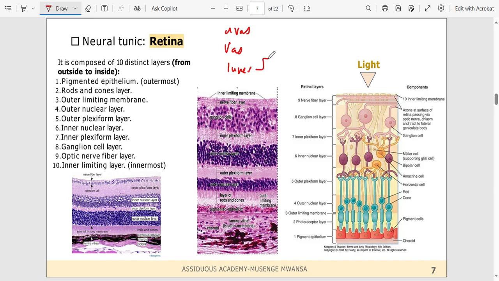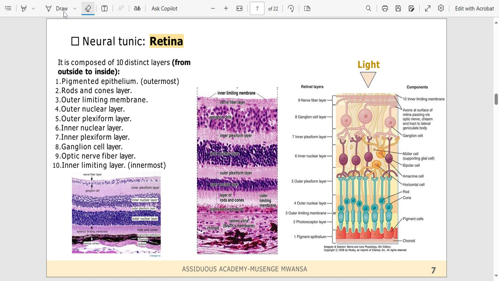The inner layer has got 2 layers. It has got the neural layer, and it also has a pigmented layer. The pigmented layer is the outermost, this layer that you can see here, that is just next to the choroid. And then after that, we're going to have the neural layer, which contains the rods and the cones.